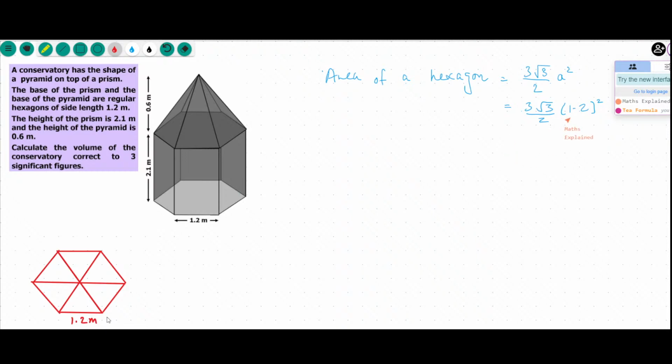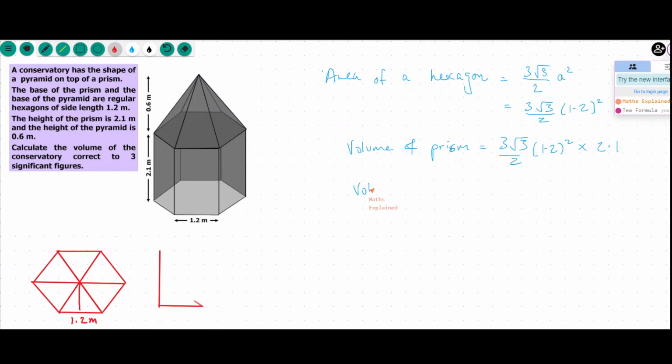It's just a calculated question, I guess. Then the volume of the prism is going to be this, 3 root 3 on 2 times 1.2 squared, multiplied by the height, which is 2.1.